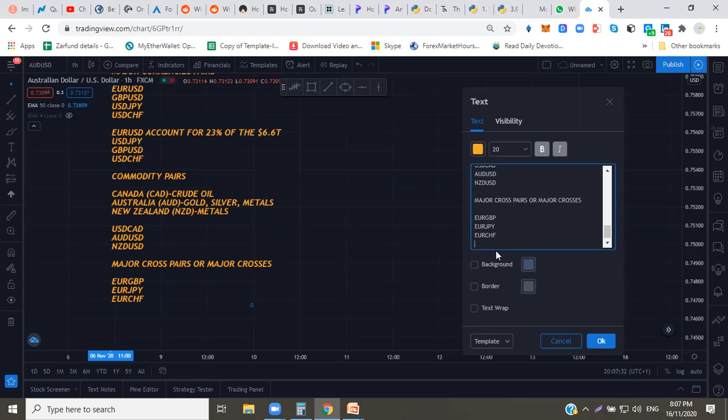One thing you will know about JPY and CHF is that they are very stable currencies. JPY and CHF are called safe haven currencies. In fact, USD too.